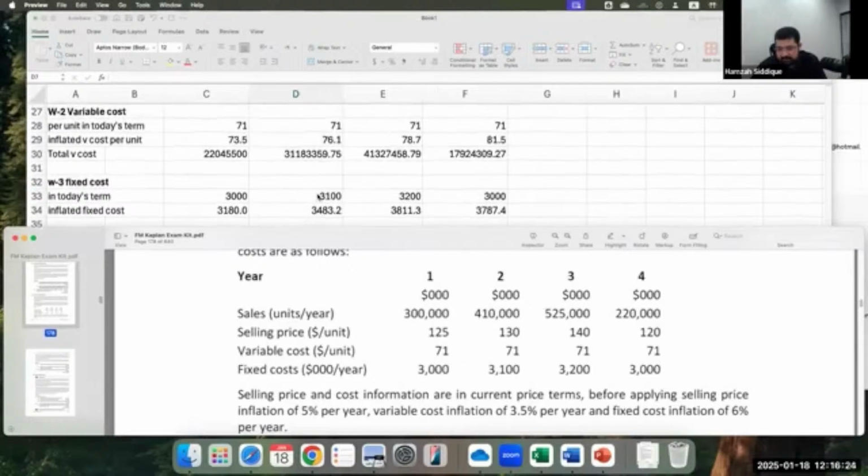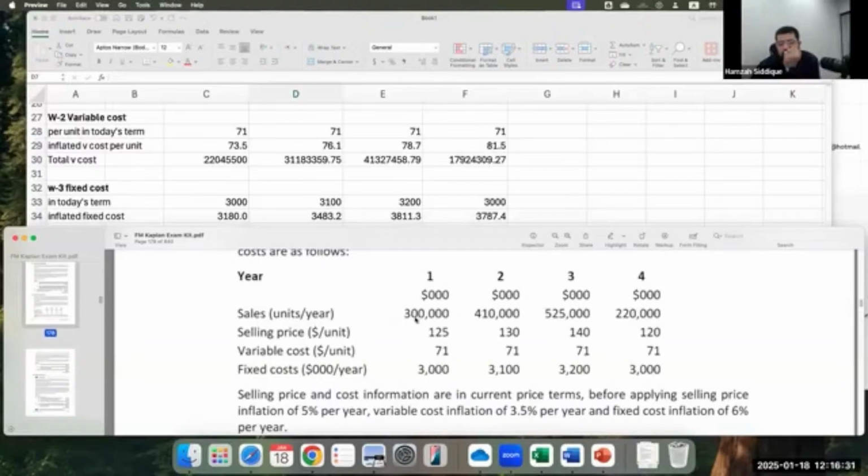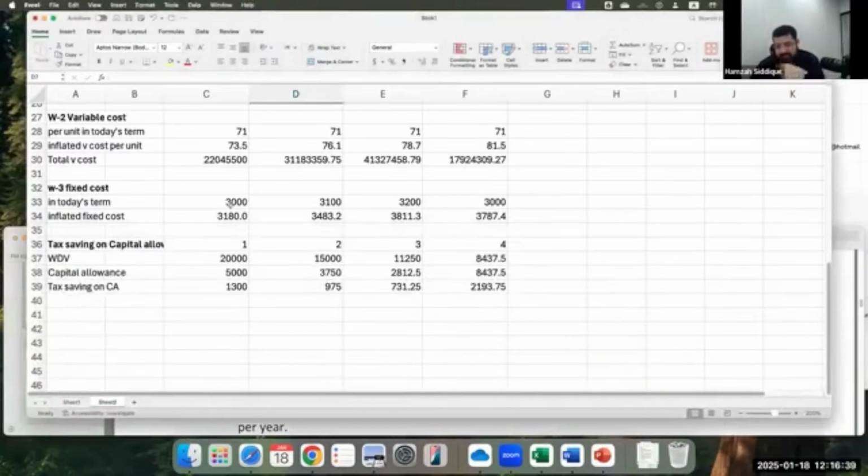Just a minute, please. This is three. We have multiplied it with 125, so it should be 3 million. That is the mistake: 3 million.